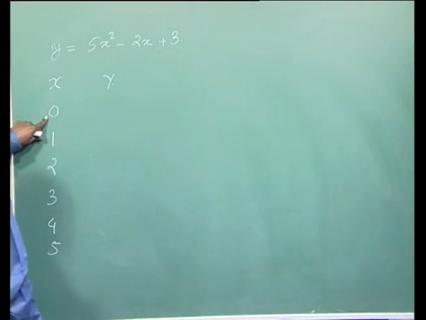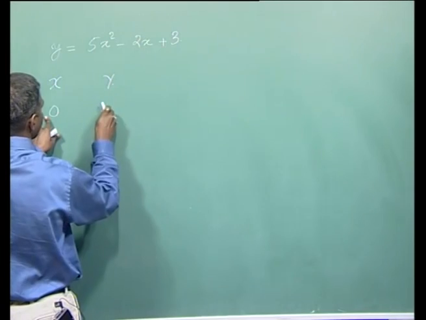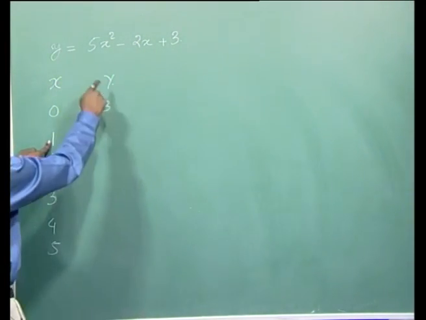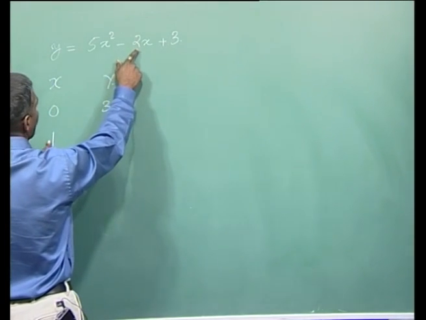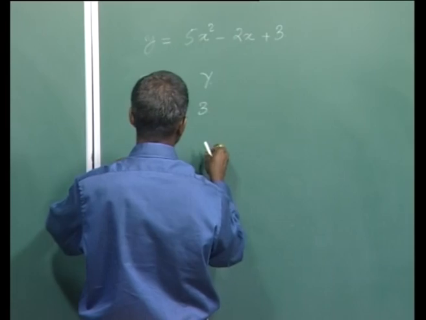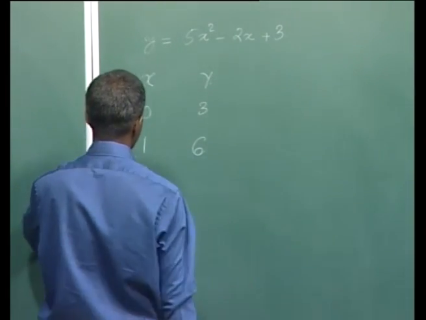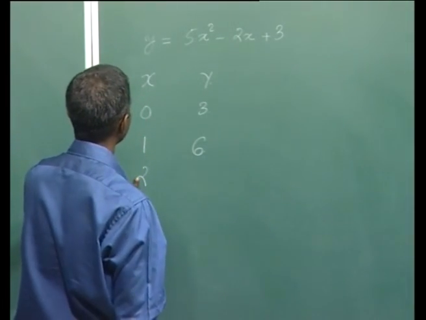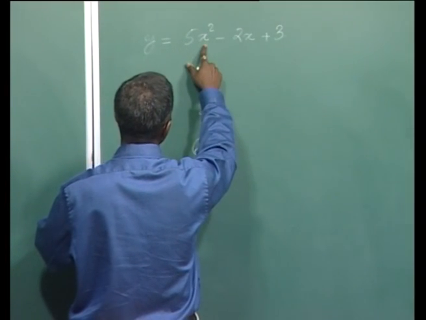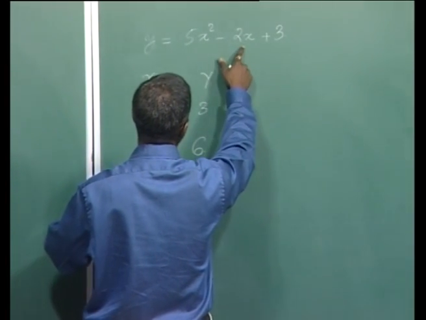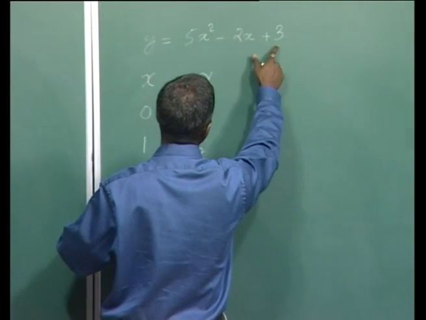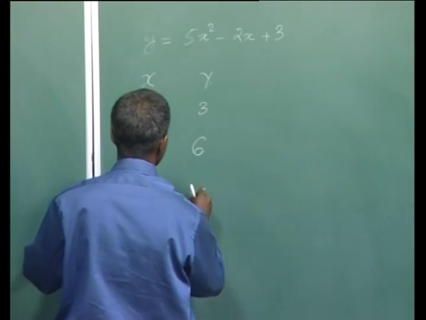For x equals 0, y equals 3. For x equals 1, we'll have 5 minus 2, which is 3, plus 3, which is 6. For x equals 2, we'll have 5 times 4, 20, minus 4, 16, plus 3, 19.